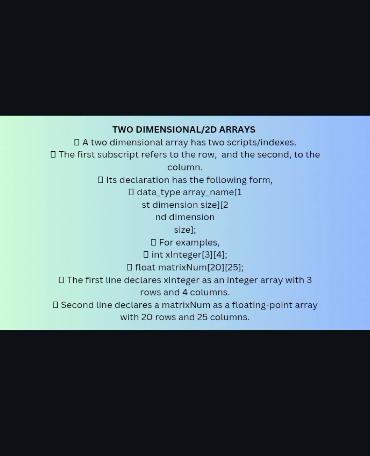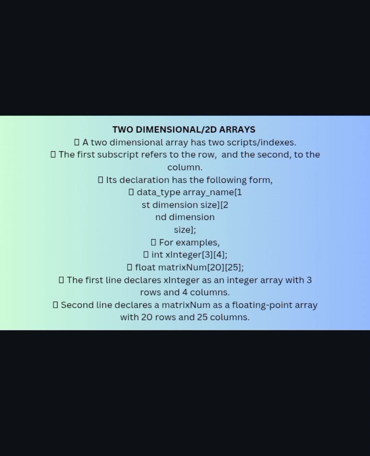Two-dimensional arrays. A two-dimensional array has two subscript indexes. The first subscript refers to the row and the second to the column. Its declaration has the following form: data_type array_name[size][size].